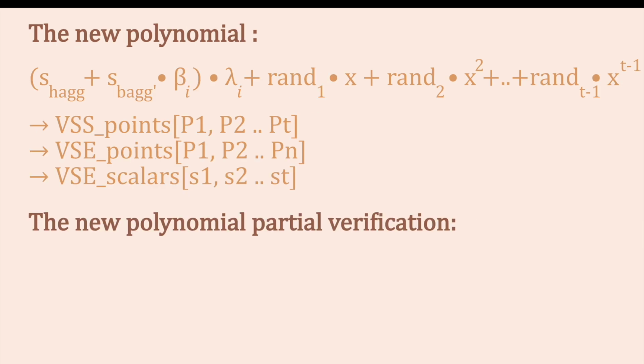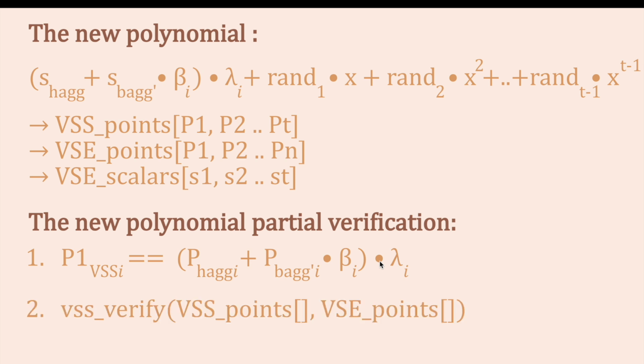And from the new polynomial, we can partially verify it. So the point P1 from the VSS, it's a bunch of points from 1 to t. For every single one of these, we take the hiding aggregate point of the eth signer plus the binding aggregate point of the eth signer times the binding value times the interpolating value.